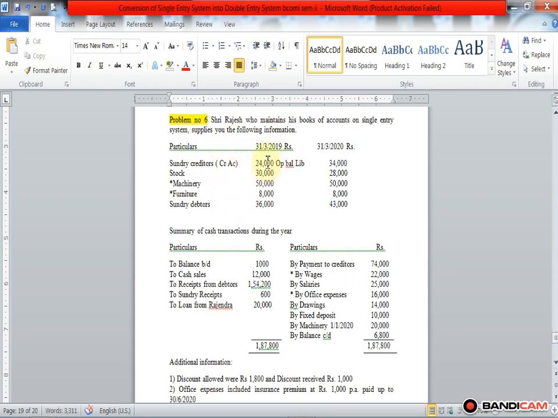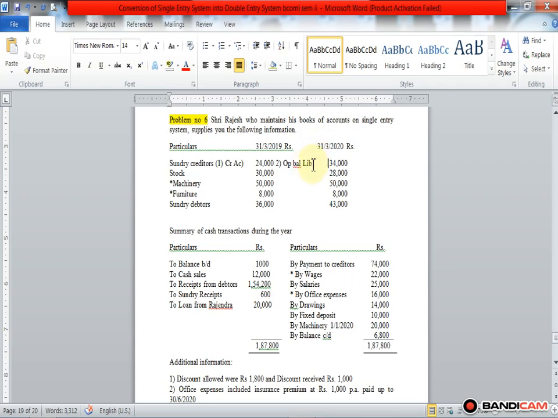And opening balance of creditors is transferred to opening balance sheet, second effect, liability side. First effect, then closing balance.